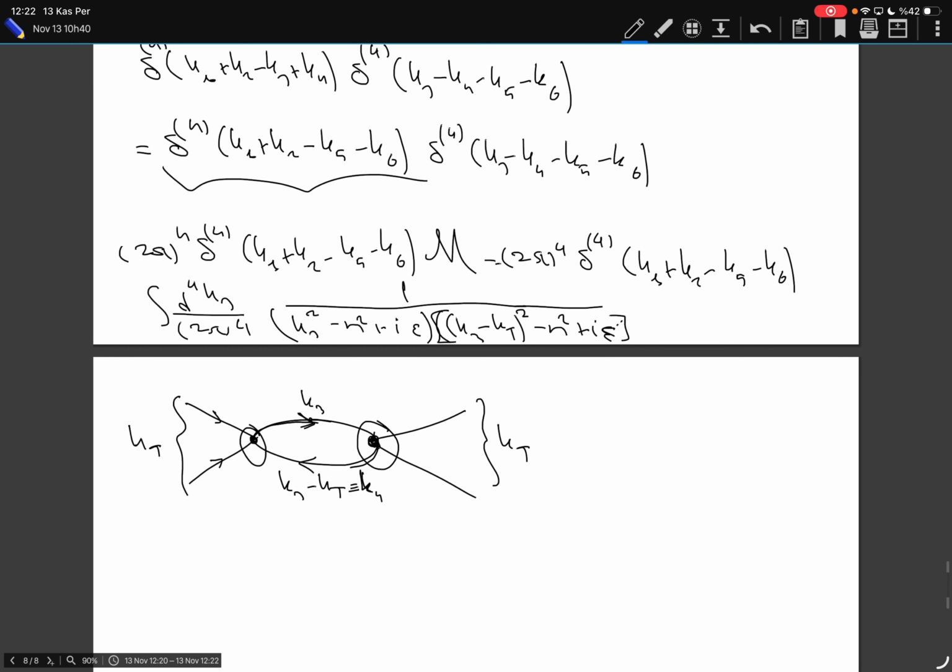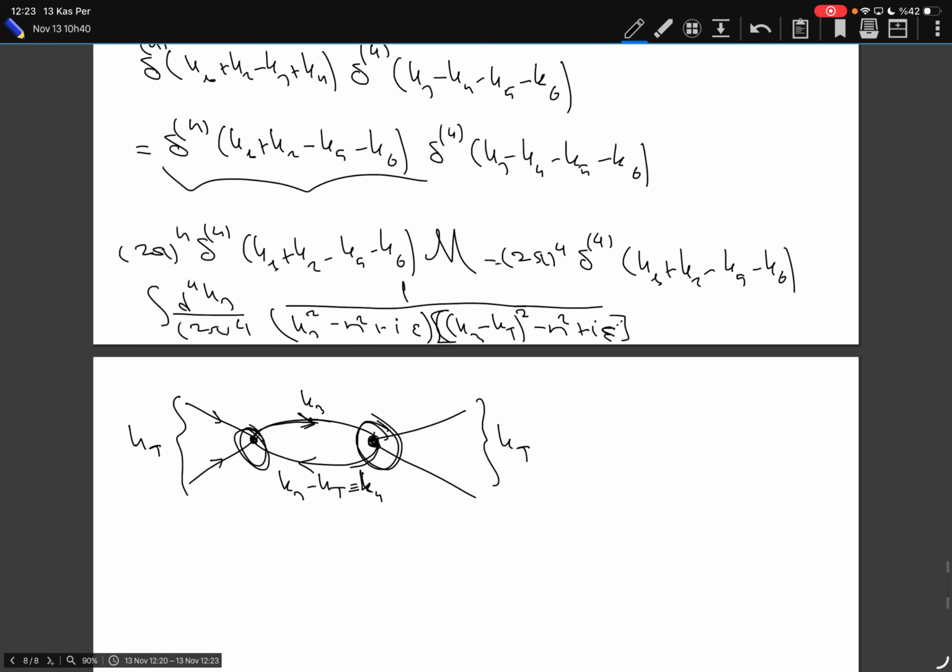So I could have started with k4 and k3 and then imposed the momentum conservation, or in defining my momentum, I could already just impose the momentum conservation. Some momenta will still be free. You see, even if I impose momentum conservation at both vertices, I cannot fix the value of k3. k3 is arbitrary.